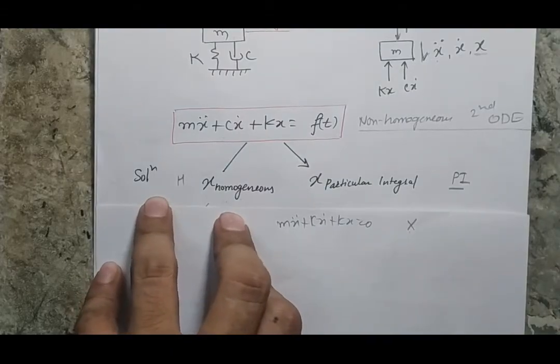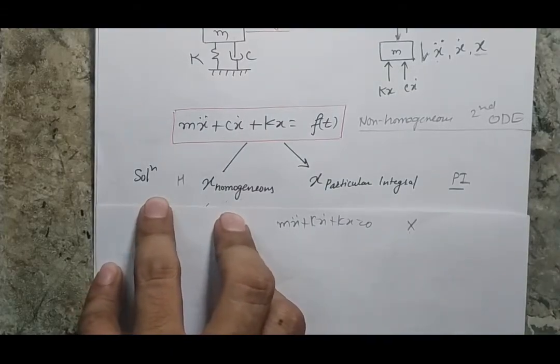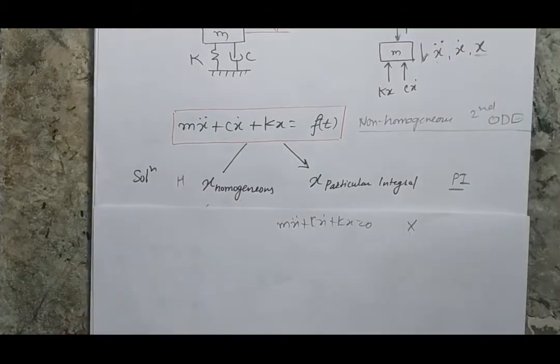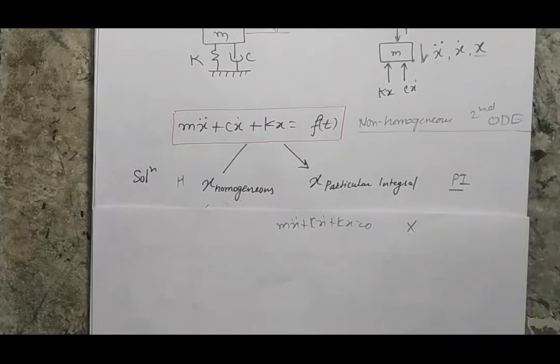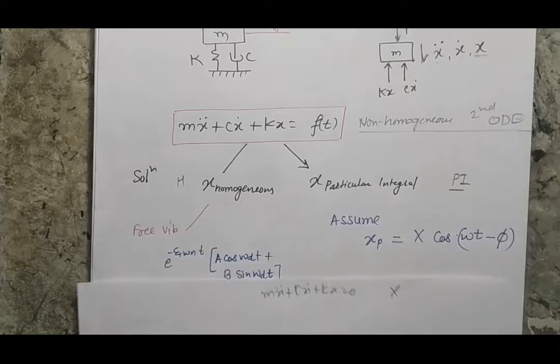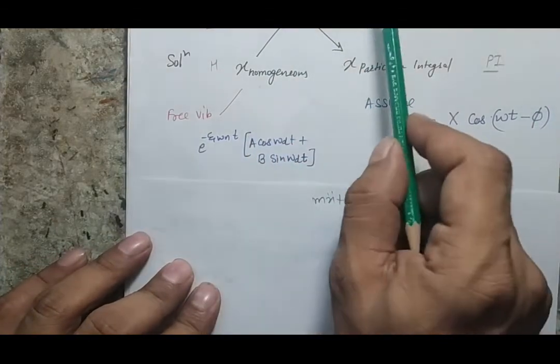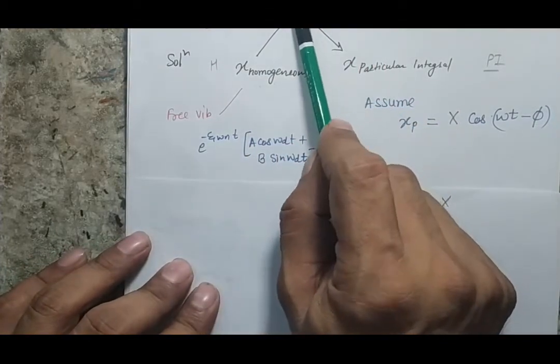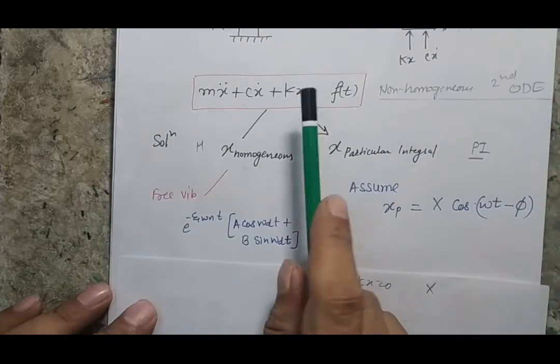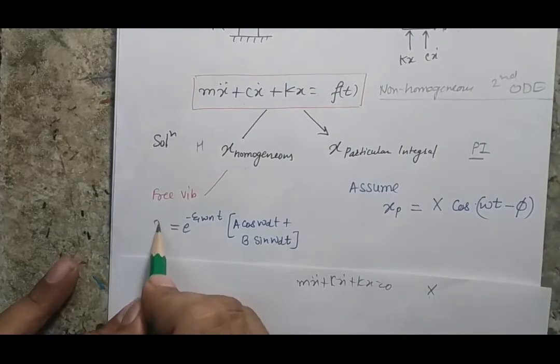These things are fairly available in many books, so here I am not going to give the complete derivation. I am going to focus on the physical significance and the important interpretations which are useful to solve numericals as well as for having a physical essence of damped forced vibration. Now, for the homogeneous part I am going to ignore this forcing term, and that will be the standard solution of a damped free system.